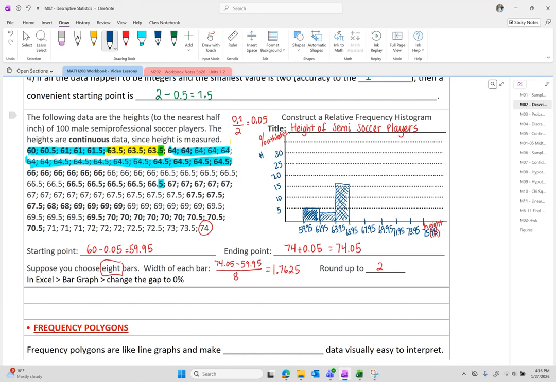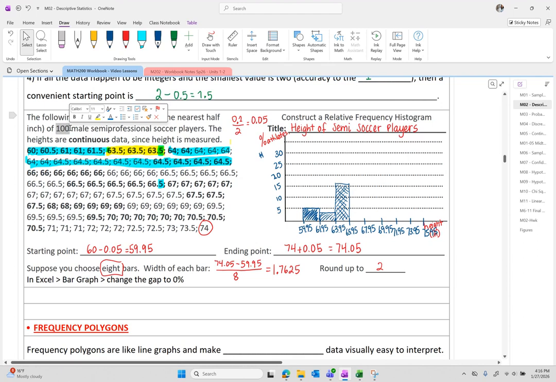After that, I will have to find the percent of athletes because they have asked me for a relative frequency histogram. If you have already done the project, you know that since the total is 100, 5 divided by 100 is 5%, 3 divided by 100 is 3%, 16 divided by 100 is 16%. So actually, it happens just because the total is 100, that the frequency and the relative frequency have identical values.